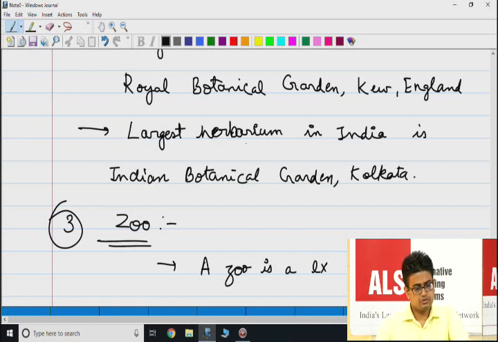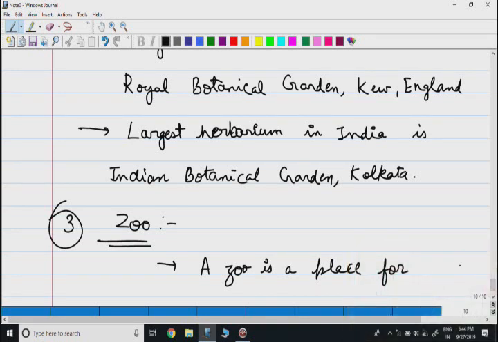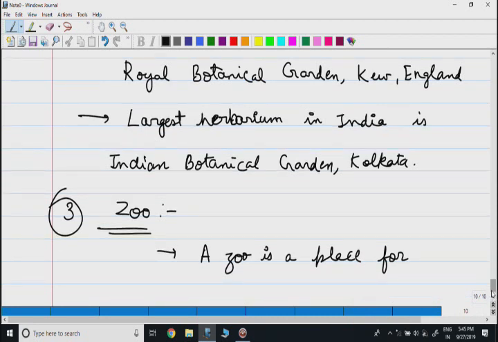Yeah, right. It's a place for recreation and conservation of animals. Recreation activities means you want to go to a zoo because you want to see the animals. So it gives us great pleasure to see animals being kept captive and humans staying safe, right?